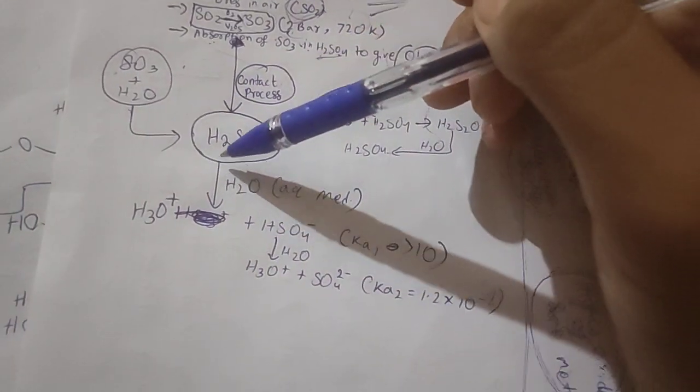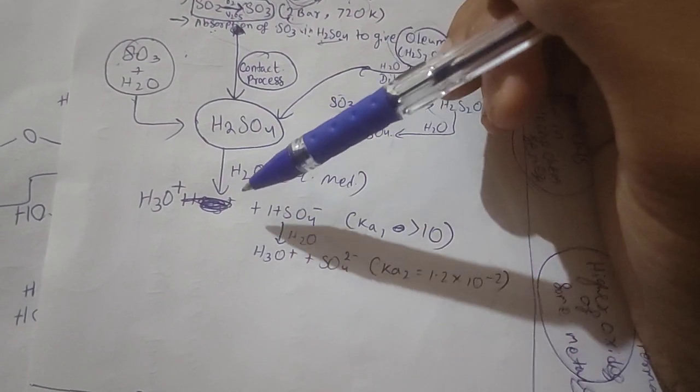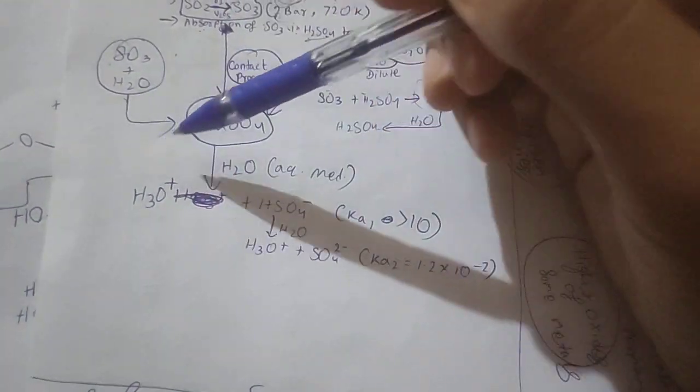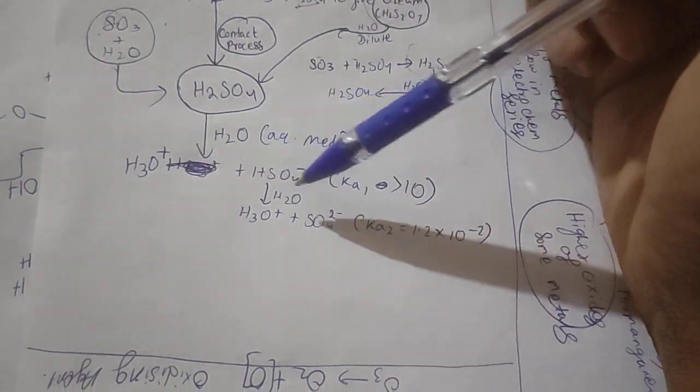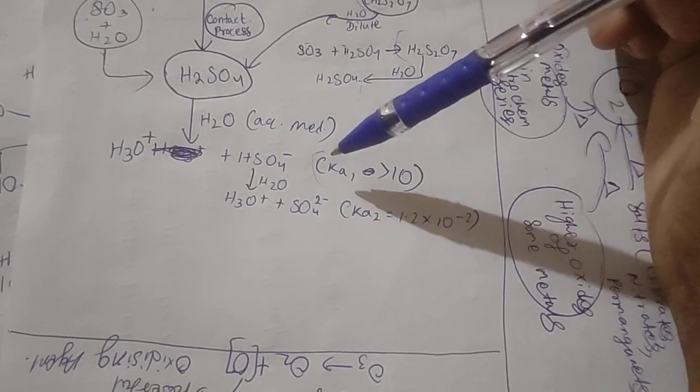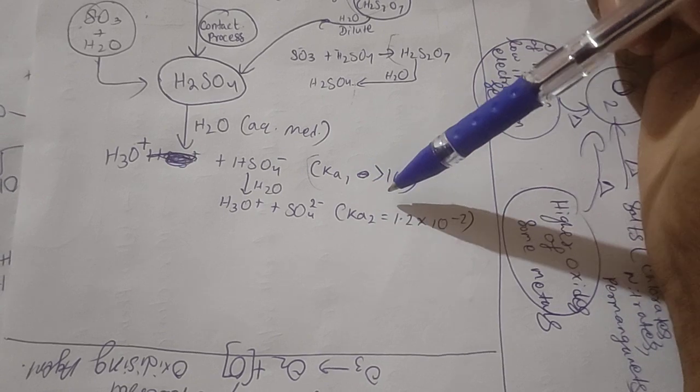Now H2SO4, when treated with water, gets dissociated into H+ and HSO4-, and this is a highly forward-going reaction. You can see Ka1 is greater than 10.